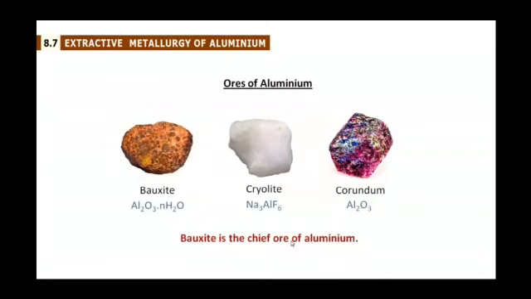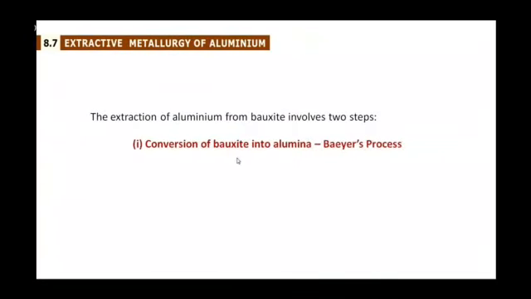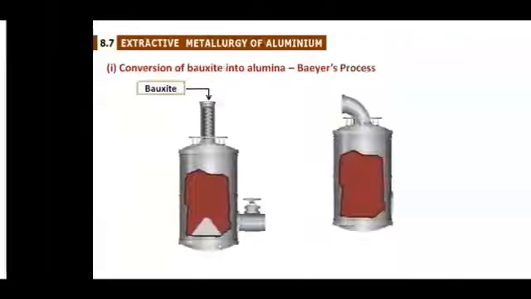Let's learn about the extraction of aluminium from bauxite, and it involves two steps. Step 1 is conversion of bauxite into alumina using Bayer's process.